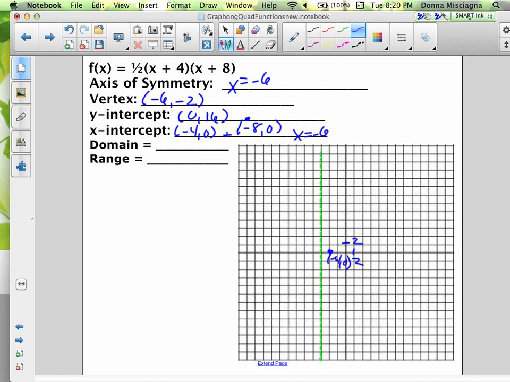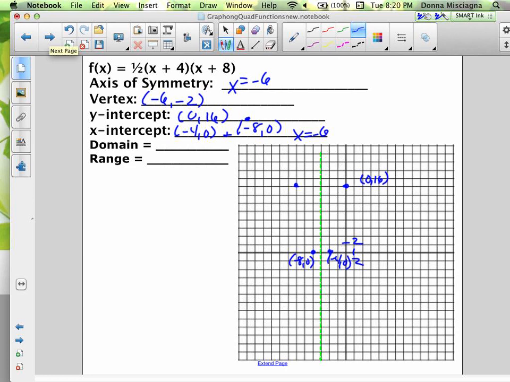And over here, this is going to be (-8, 0). And now I don't have to go off the graph because 2, 4, 6, 8, 10, 12, 14, 16 is right here. And then there would be a point over here. So this is the point (0, 16).